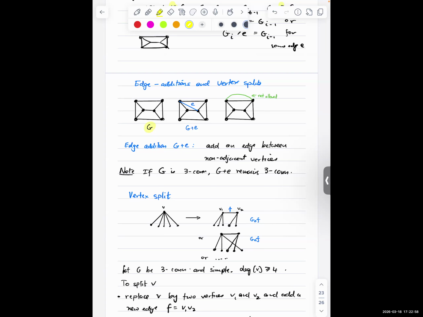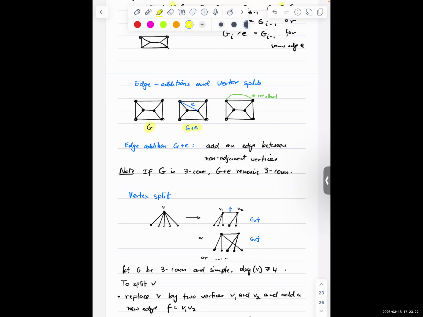If this is my G, taking the prism graph, and I want to add an edge between non-adjacent vertices, I will call it G plus E. Adding an edge and deleting the edge are inverses of each other, right?